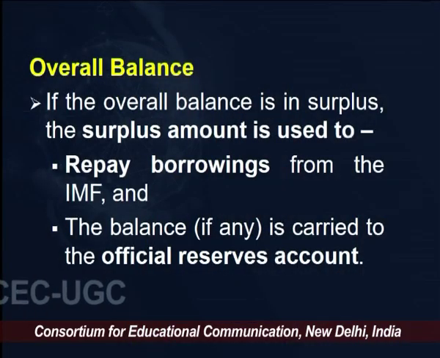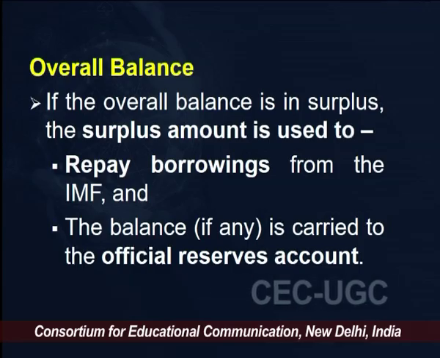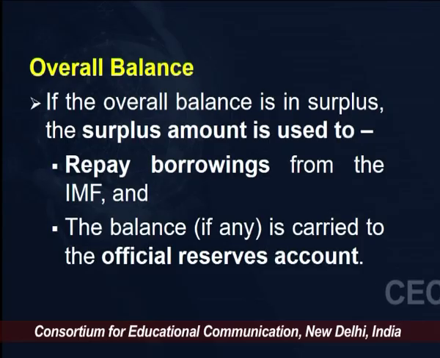The balancing between all credits and debits in different accounts like current account, capital account and the statistical discrepancies represents the overall balance. If the overall balance is in surplus, the surplus amount is used to repay borrowings from the IMF, and the balance, if any, is carried to the official reserves account.